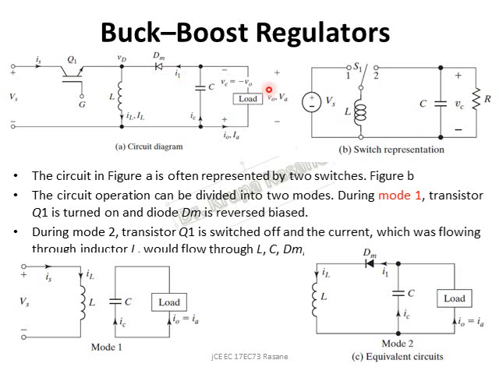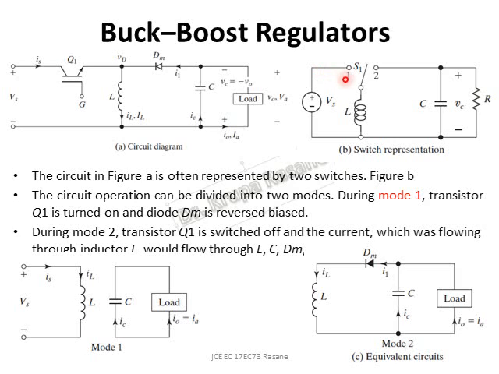This switch and this switch will have the switching position in 1 or in 2 depending upon the mode of operation. So the circuit here is represented with these switches, and we can divide it into 2 modes of operation. During mode 1, the transistor Q1 will be turned on and diode DM will be reverse biased, and the switch here is said to be in position 1.